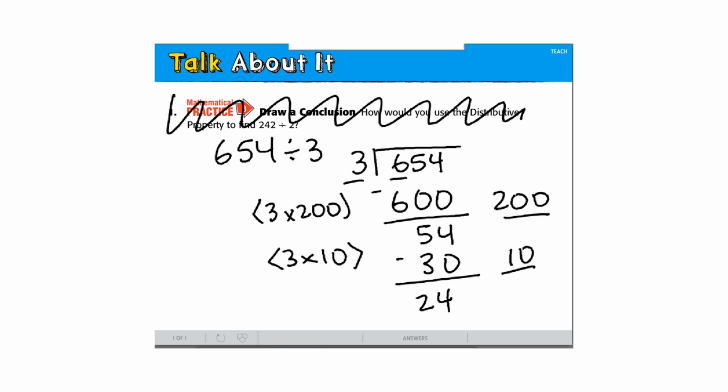And then I have 24 left. And now I'm going to say that 3 times 8 gives me 24. And that's what I'm thinking over here to the side. And then I get 8 there. So now I have 200 plus 10 plus 8. So my final answer is 218.